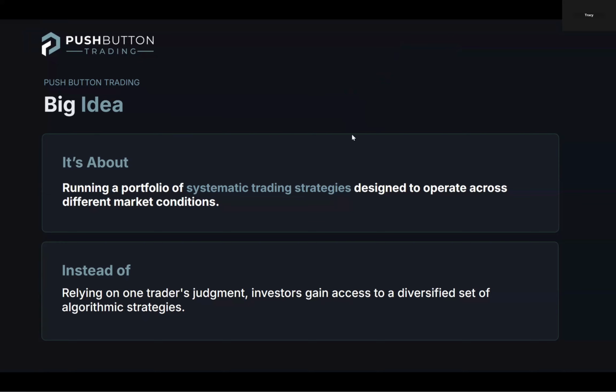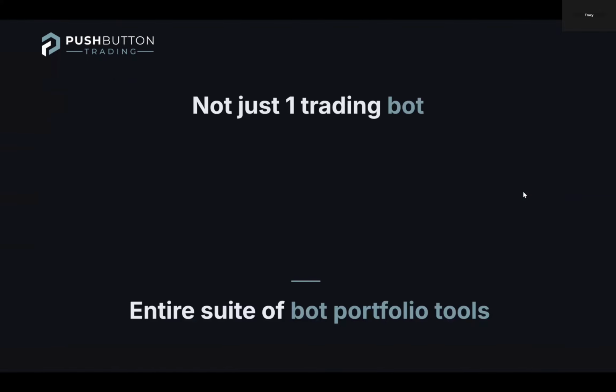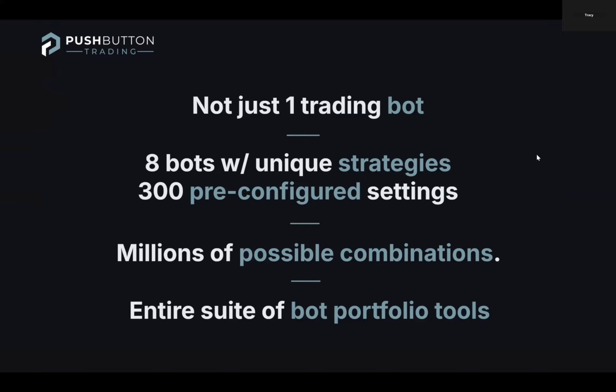Hundreds of trillions of possible combinations, okay? When people say, show me the bot performance, or like, well, we have hundreds of trillion, we'll just say millions, because that's a big number, millions of possible combinations. So essentially what we've done is we set all this up, and it's not just one trading bot, it's 8 bots with unique strategies.